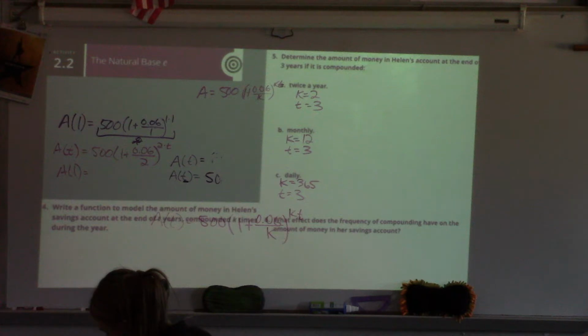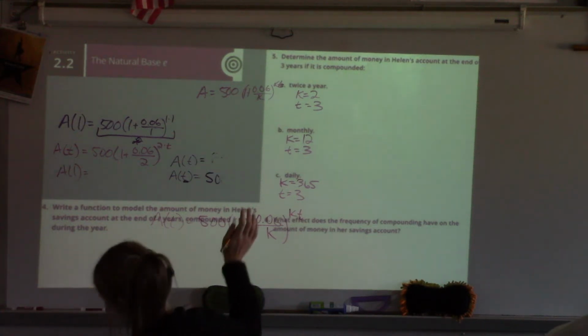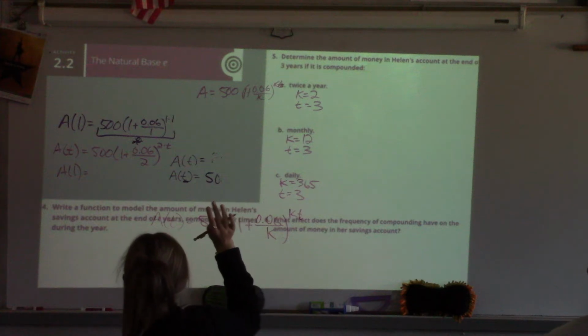Let's make sure we're plugging these things into the calculator. What are you confused by? Did you write down the formula on number 4? You're just plugging in your k and your t.